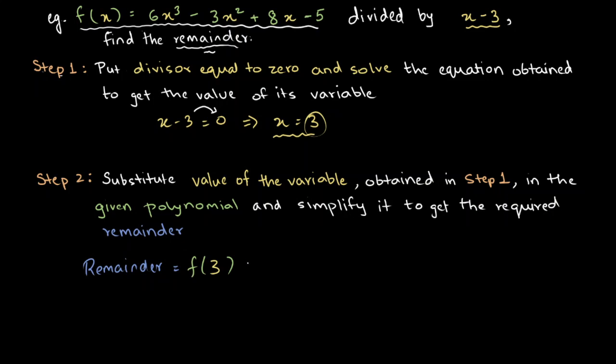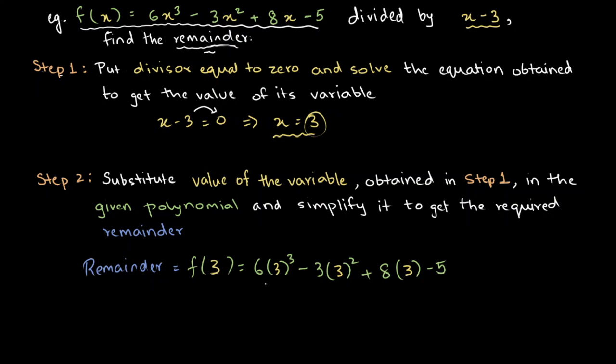So the value of my remainder now becomes 6 times 3 cubed minus 3 times 3 squared plus 8 times 3 minus 5.